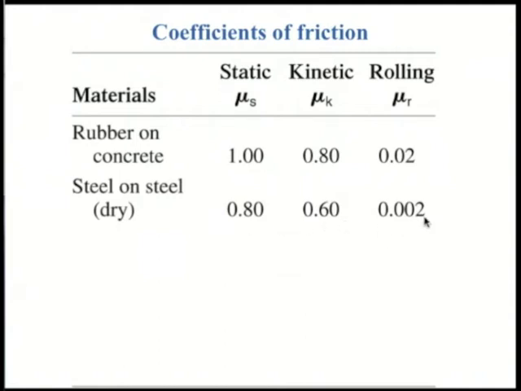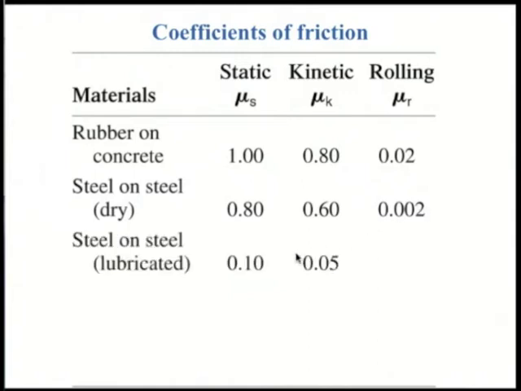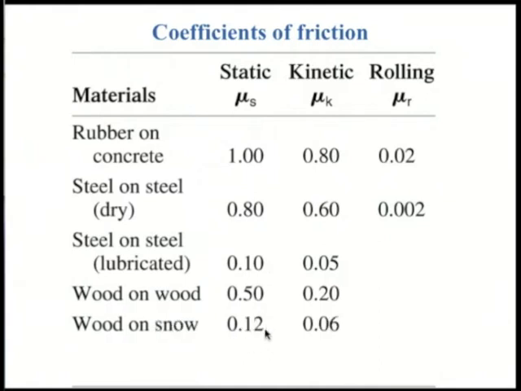This is why trains will roll so far even if there's no engine on, because the coefficient of rolling friction of steel on steel is so small. If the surfaces are wet, steel on steel gets very slippery. Wood on another wood surface, or wood on snow, these are very small coefficients. Ice on ice, kinetic friction 0.03. Very slippery surfaces have small coefficients of friction.